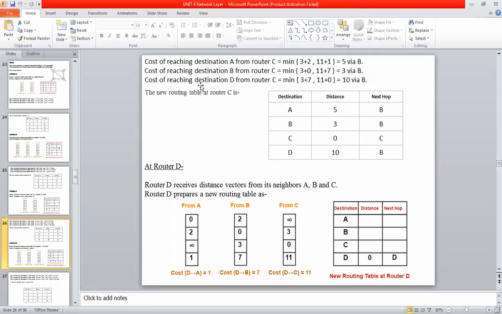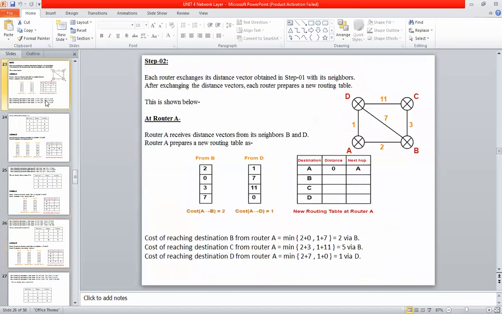Next, the cost of reaching destination D from router C. C to D is a direct connection, or C to B and B to D. C to D, the weight is more, 11.